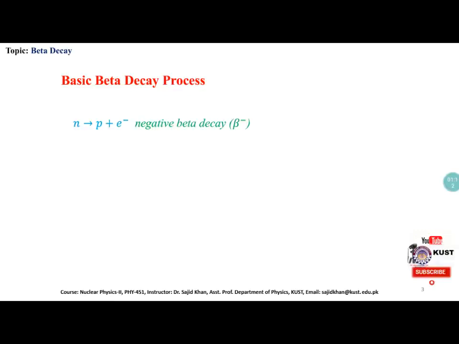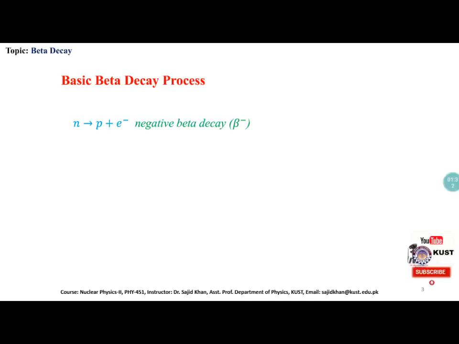Okay, so let's start with the basic process. We know that a nucleus is made up of two particles, protons and neutrons. So when one of them is converted into another, first I will discuss if a neutron is converted into a proton and electron.